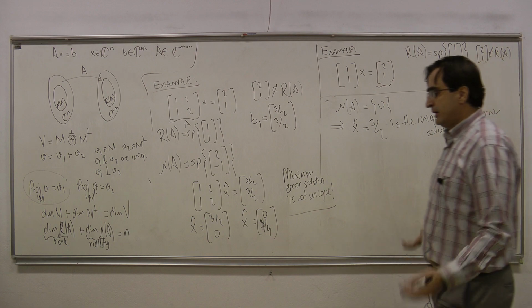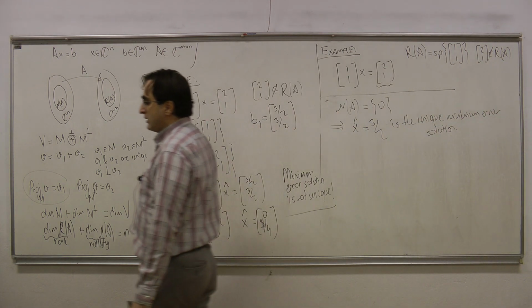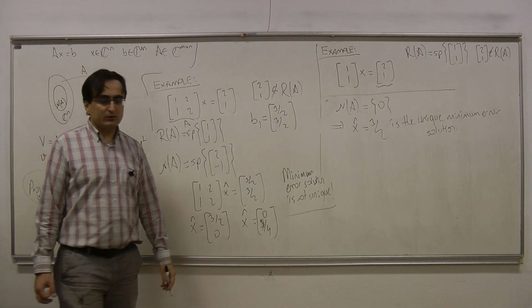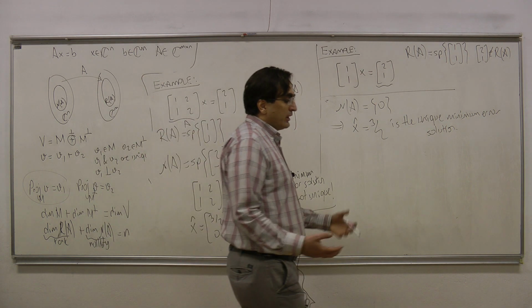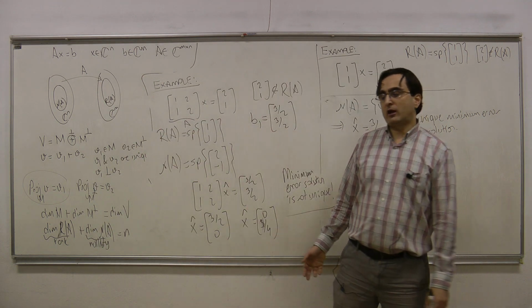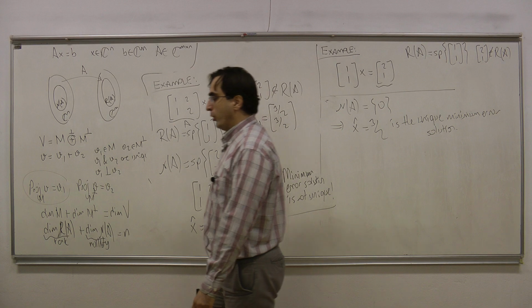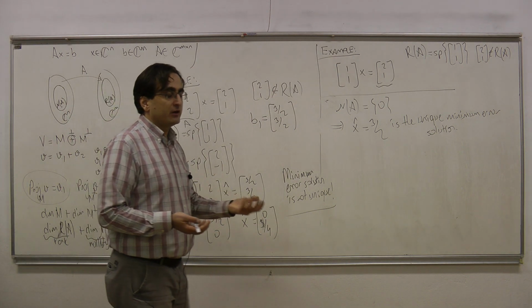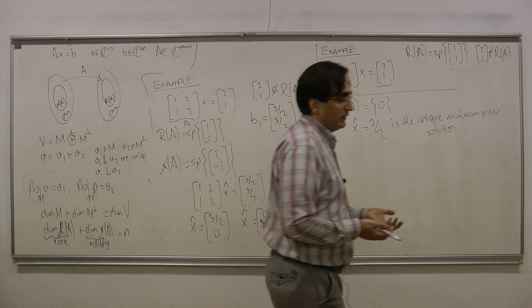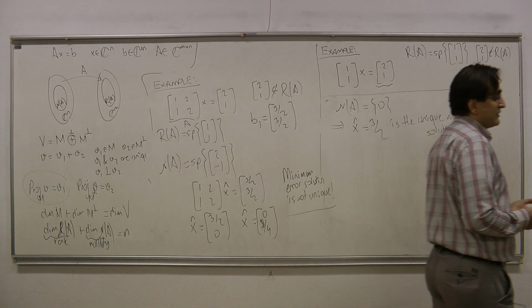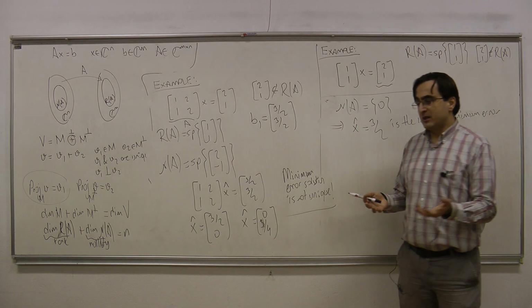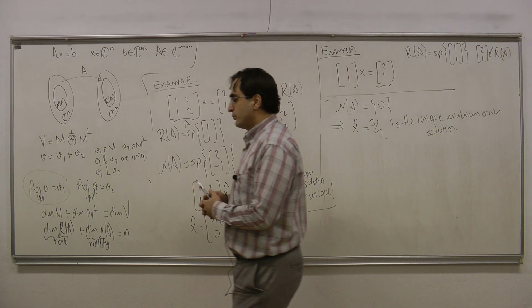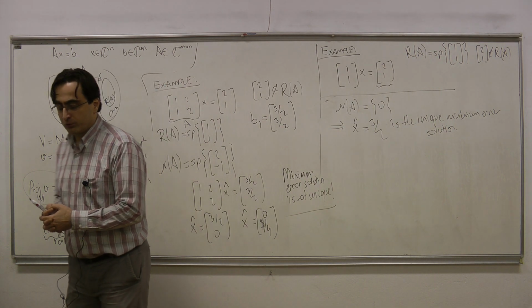And now what to do in such a case? In such a case, as I told you at the end of the last lecture, we are trying to look for a solution with the minimum norm. There might be some other criteria to select a unique solution, but in general what is done in linear algebra, in mathematics, is the minimum norm solution.